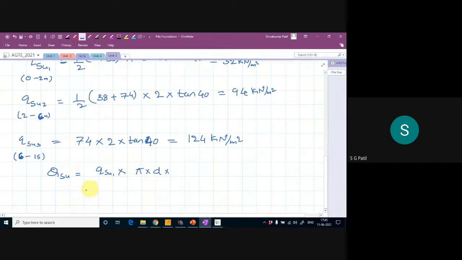I will write QSU1 into pi d L. I should multiply with your area. Shaft resistance corresponding area A will be pi into d into L. So L for first QSU is 2 meter only. So this is the first term.